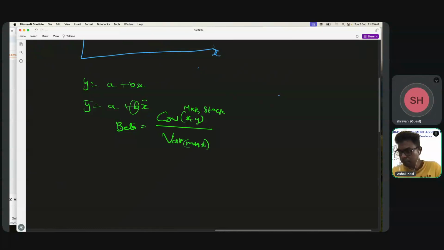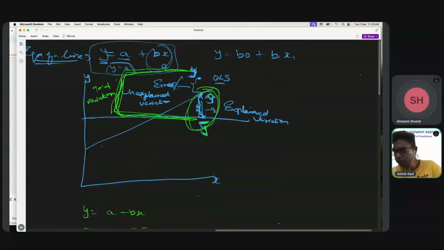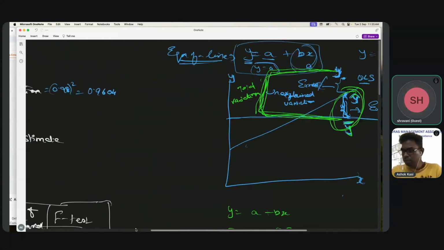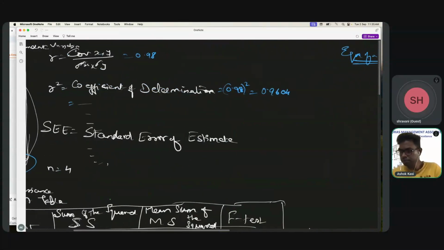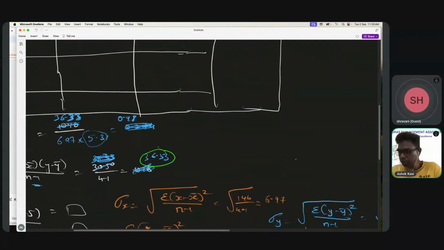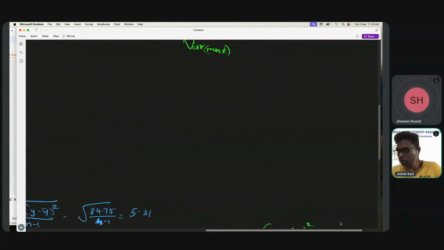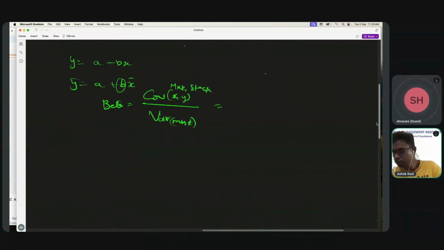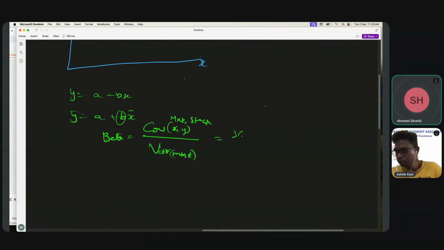We already know the covariance is 36.33. So 36.33 divided by variance of the market.